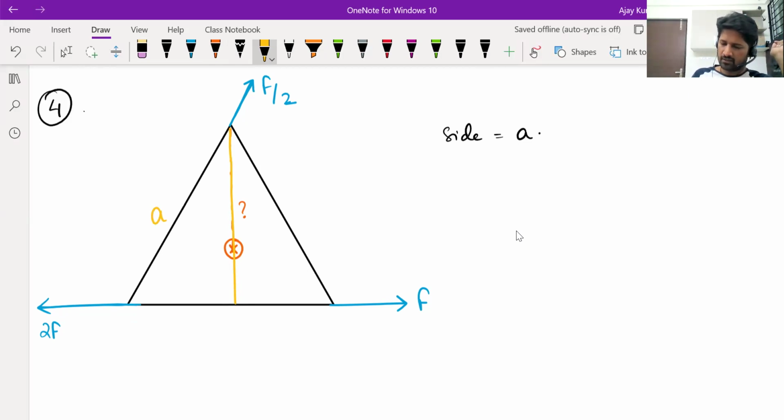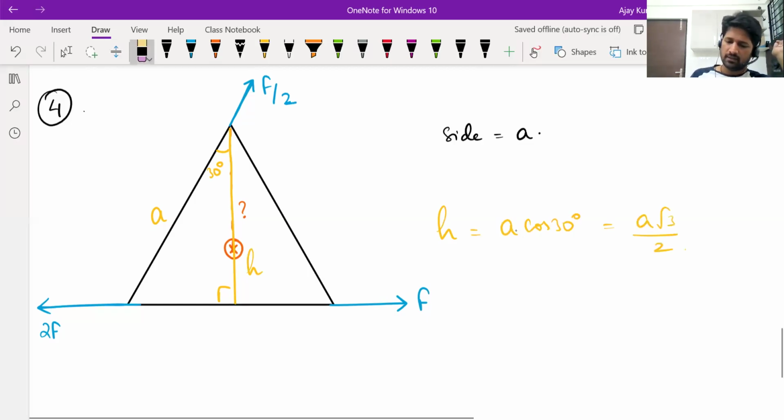The side is a here. This angle becomes 30 degrees, and this is a right angle. You can use this right angle triangle to find out the height. Height of the equilateral triangle becomes a cos 30 degrees, that is a root 3 by 2. And the distance from vertex to the centroid: centroid divides the median in the ratio 2:1 from the vertex.